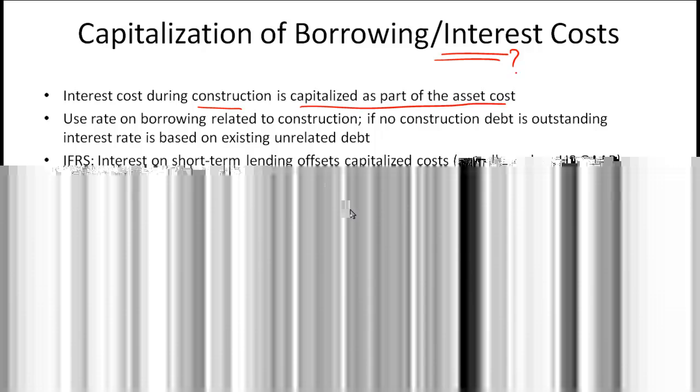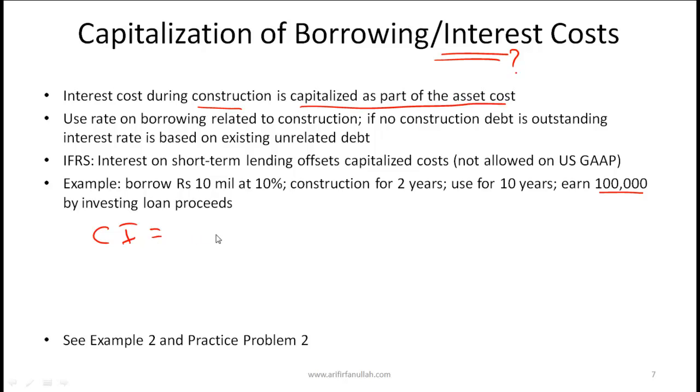So what is capitalized? The capitalized interest over the 2 years, which will be added to the capitalized value of the asset, is going to be 10% of 10 million multiplied by 2, because this is 2 years. So 10% of 10 million is 1 million, multiplied by 2 is equal to 2 million.